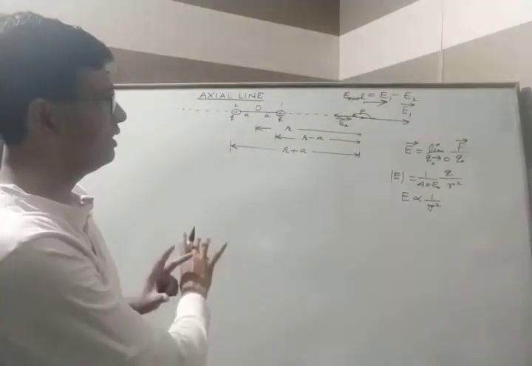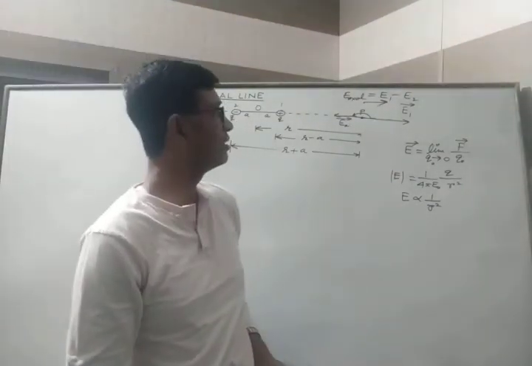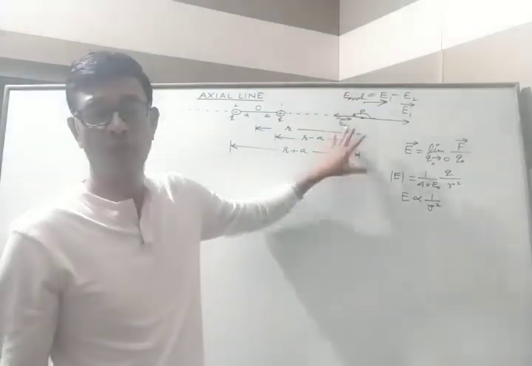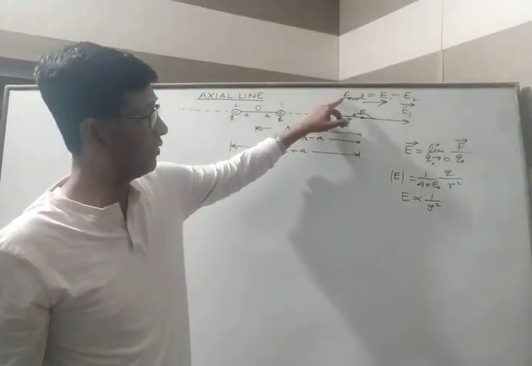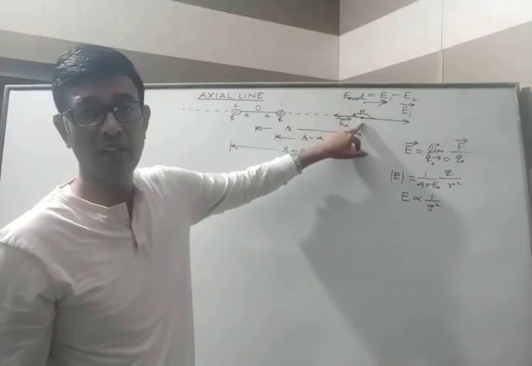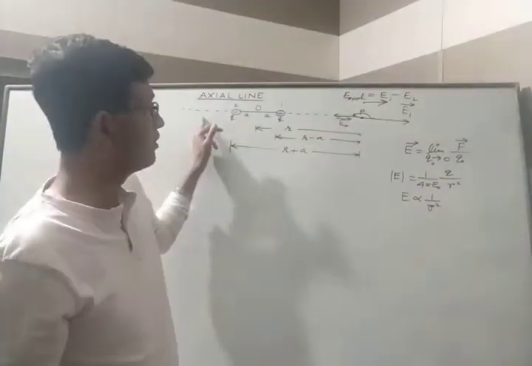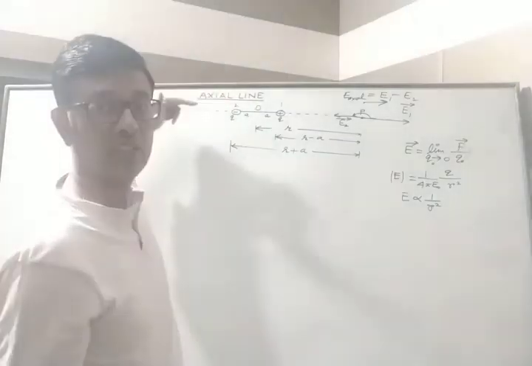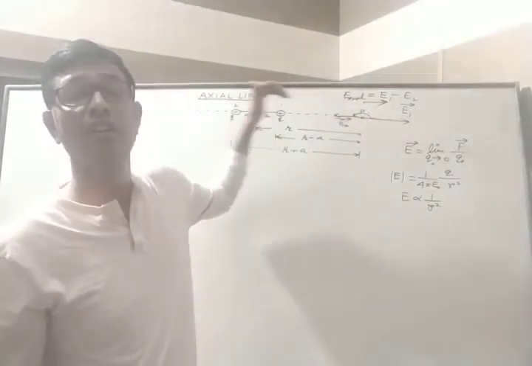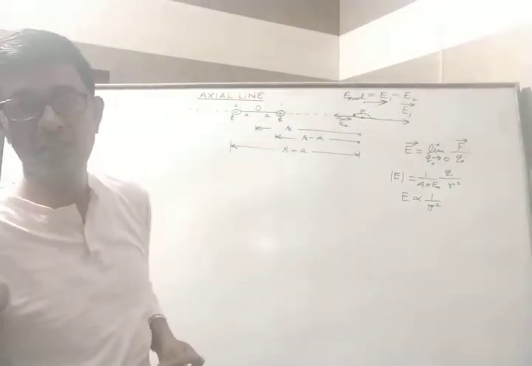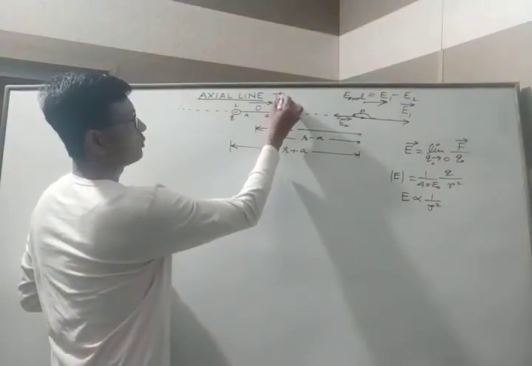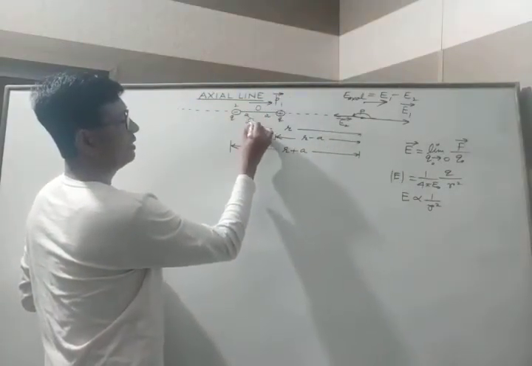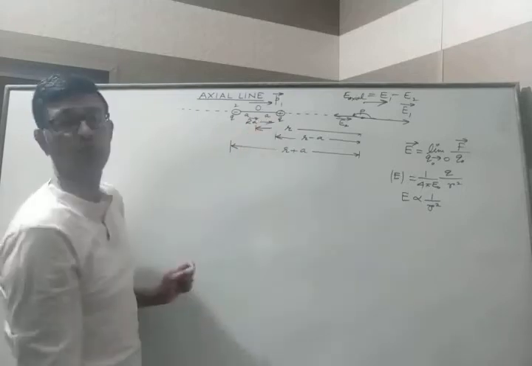So before doing any sort of mathematical calculations, just through the vector diagram, we can safely conclude that the direction of the electric field at a point on the axial line is from negative charge to positive charge. That is along the direction of the dipole moment or along the direction of the dipole length. Because dipole moment is also directed from negative charge to positive charge. Dipole length is also directed from negative charge to positive charge.